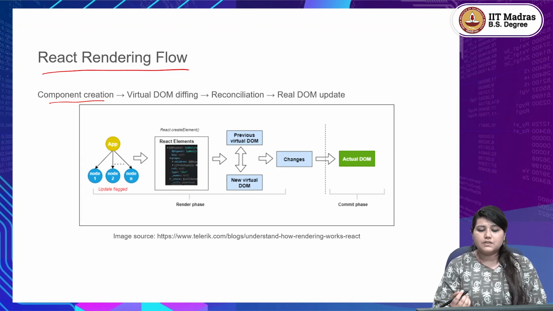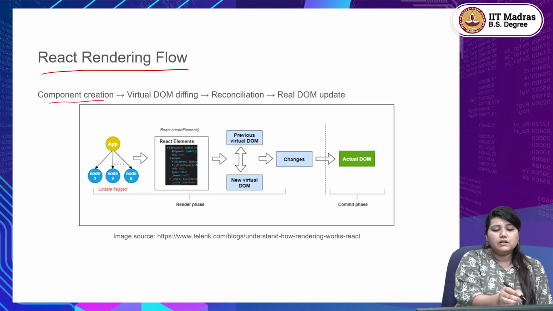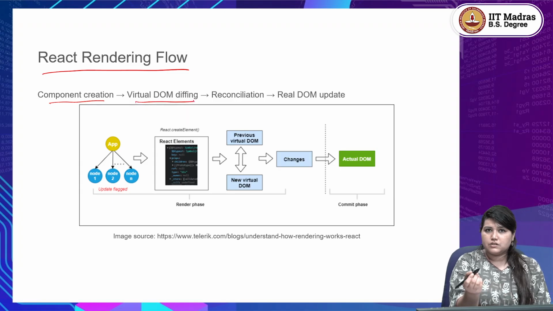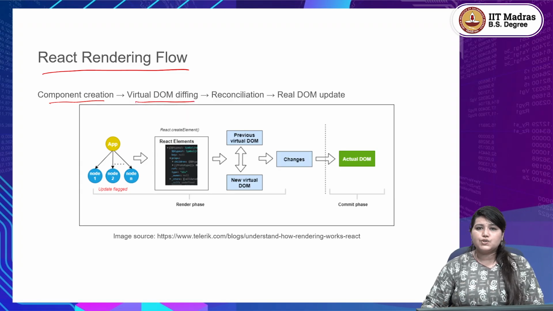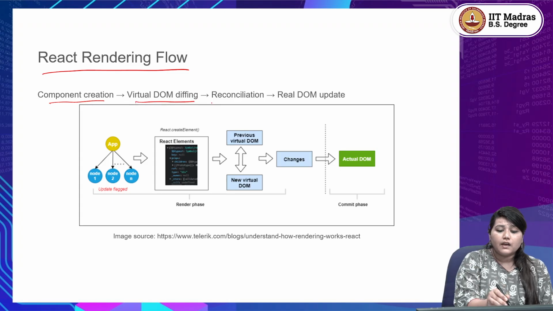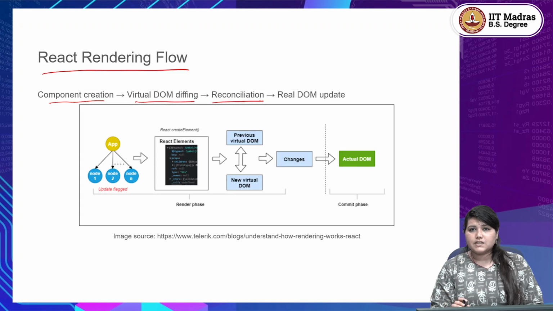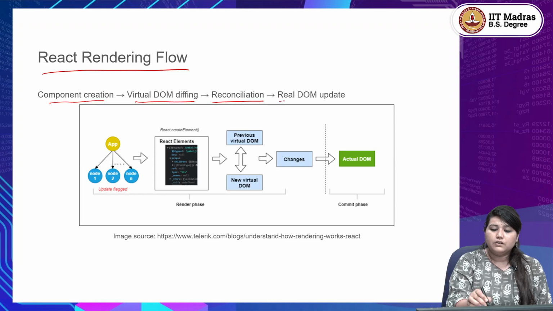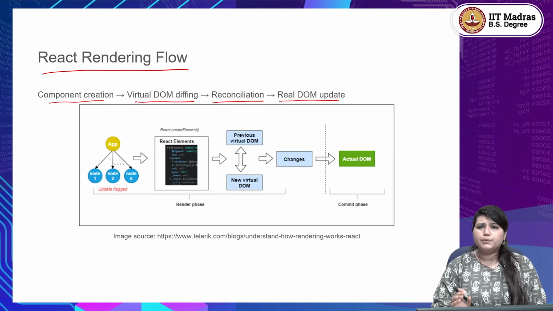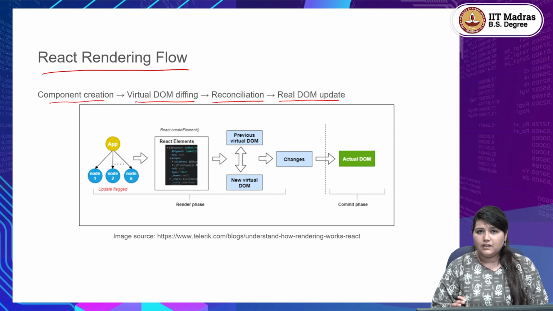Then it performs diffing, that is comparing the new virtual DOM with the previous one, and figures out what is changed. This leads to the process called reconciliation, where only the necessary updates are made to the real DOM. This whole process is super efficient and it happens so fast that users perceive it as seamless and responsive interaction.